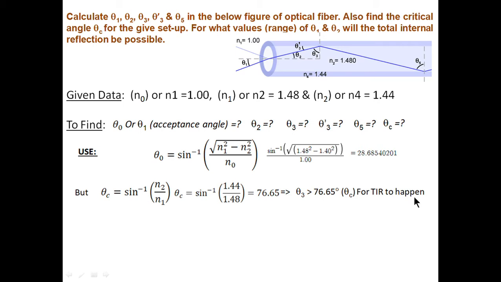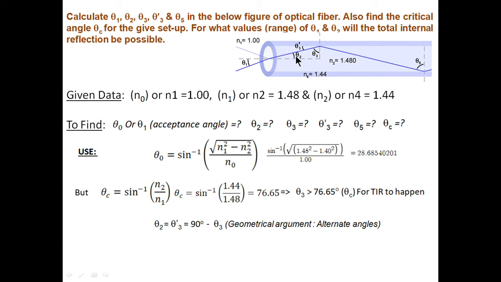So some of the part is solved already. Now let's go ahead and solve the rest of the parts, that is theta 3 dash, theta 2, theta 5. All these values let us calculate. You see here theta 2, which says that the angle of incidence is equal to the angle of refraction.